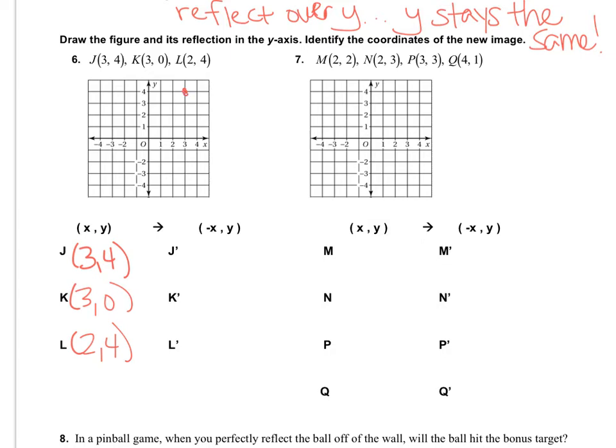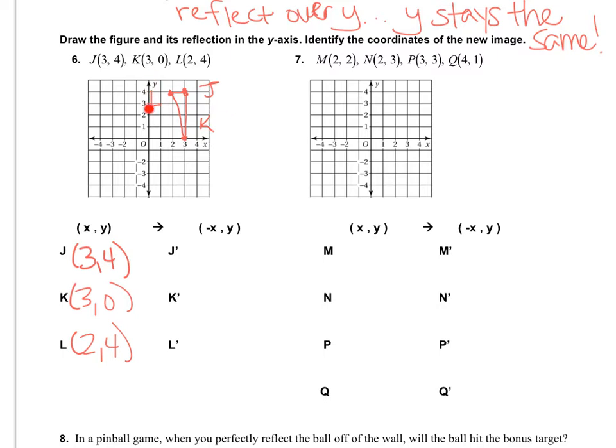And if you want, you can label that right away with J. Over to the right 3, 0, that's K. And then over to the right 2, up 4, and that would be L. Okay, it's a little bit hard to do it on the computer screen, but on graph paper you guys should be good to go.